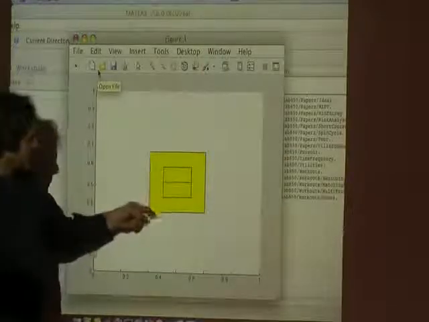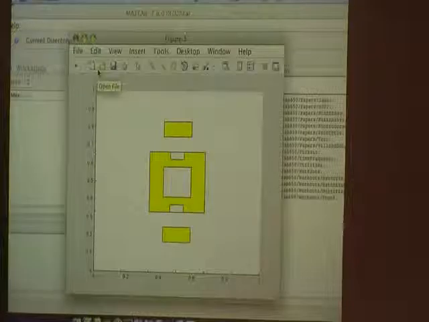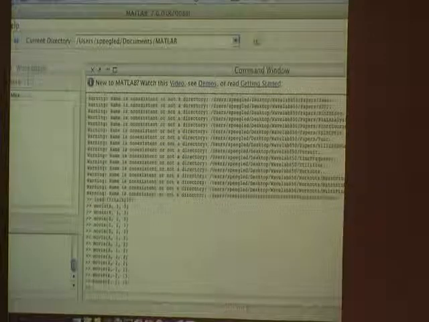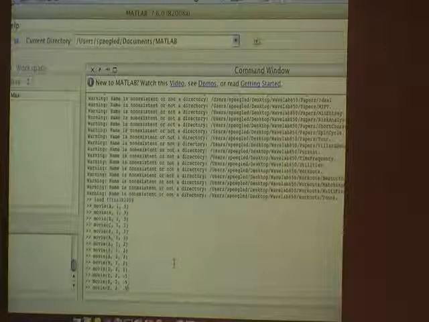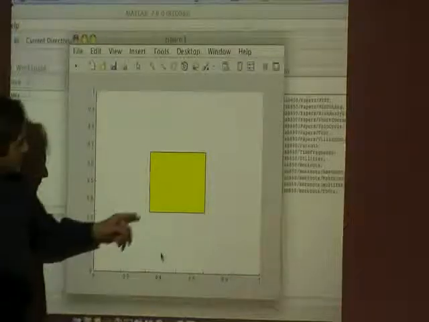That's just too fast. Okay. Now, I'm going to slow this down. All right. You start with a set that tiles by translations, the square.